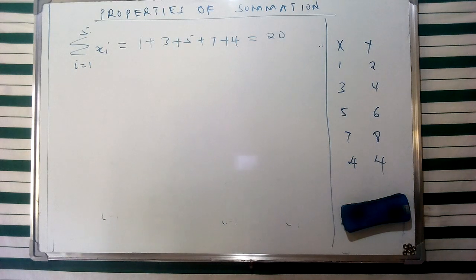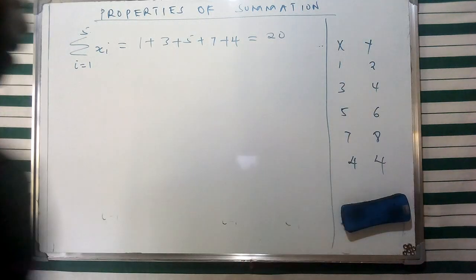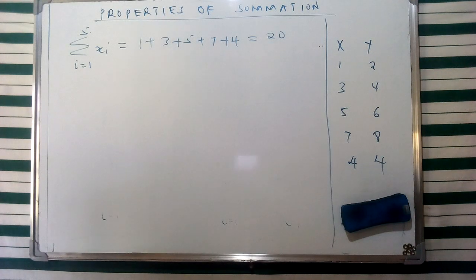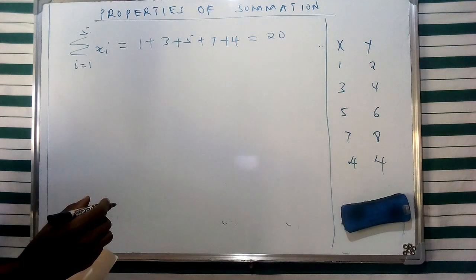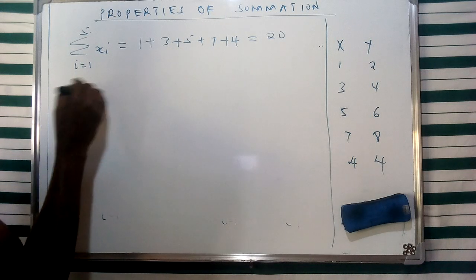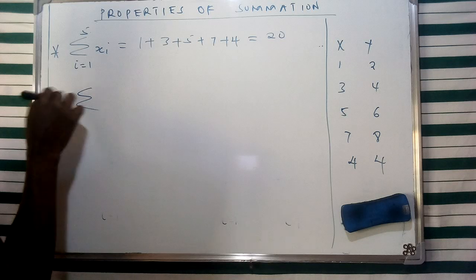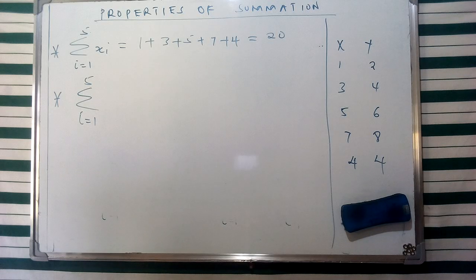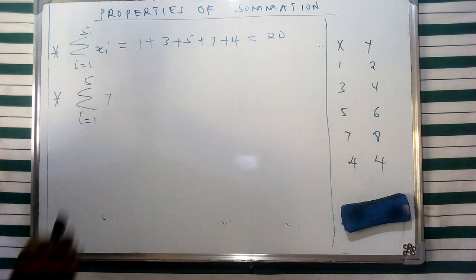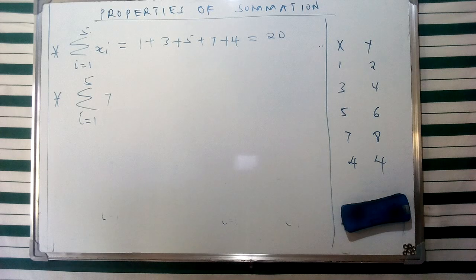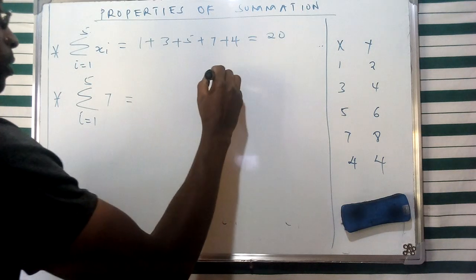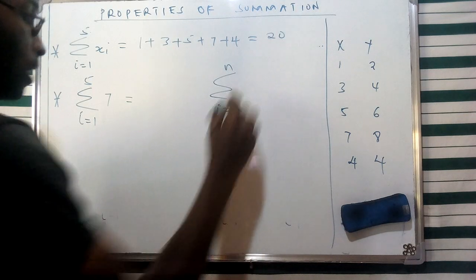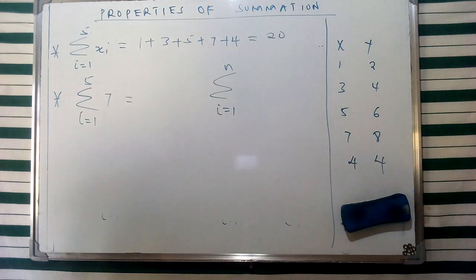Now, suppose we have the sum of the values of y as well, given in that specific order for this substitution. Then we're going to add the values of y using that representation. So this is the first case. Suppose we have the summation from i = 1 to 5 of a specific constant, perhaps 7. Then we're going to have the summation from i = 1 to n of a value which we are given in terms of k.